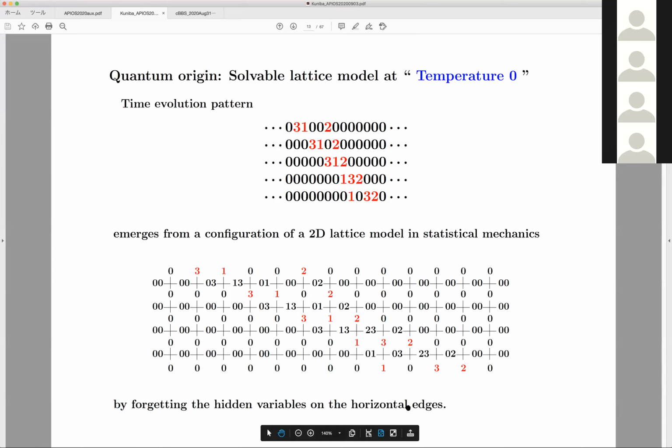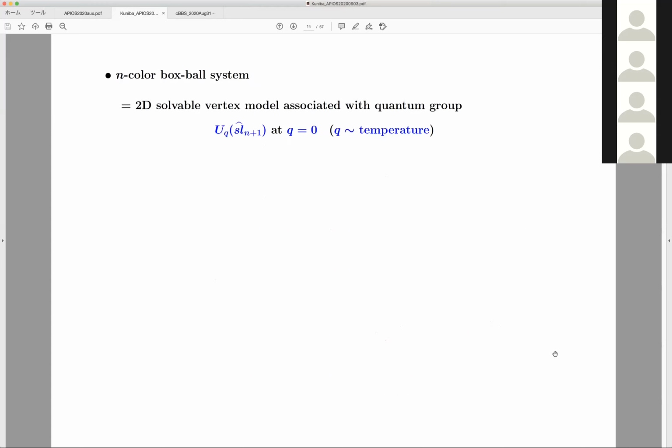If you remove those messy numbers sitting on the horizontal edges, then you observe this pattern here, right? This is a typical configuration of a two-dimensional vertex model. So the actual thing is, n-color BBS is nothing but a 2D solvable vertex model associated with the quantum group U_q(sl_{n+1} hat) at q equals 0, where q plays the role of temperature.